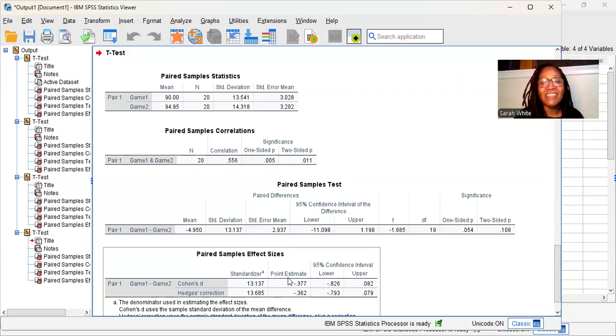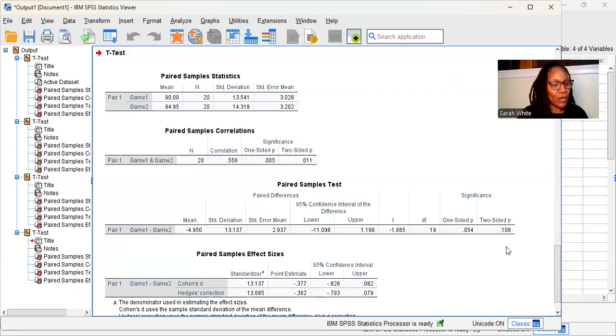What we're getting here is a negative 0.377, or a negative 0.38, which would be a small to medium size. However, it's really important to point out that because we failed to reject the null hypothesis here, and we determined that there was no significant difference, we really can't confidently depend on this Cohen's d size. So we wouldn't normally report it, but for the purposes of this assignment, I went ahead and did that.